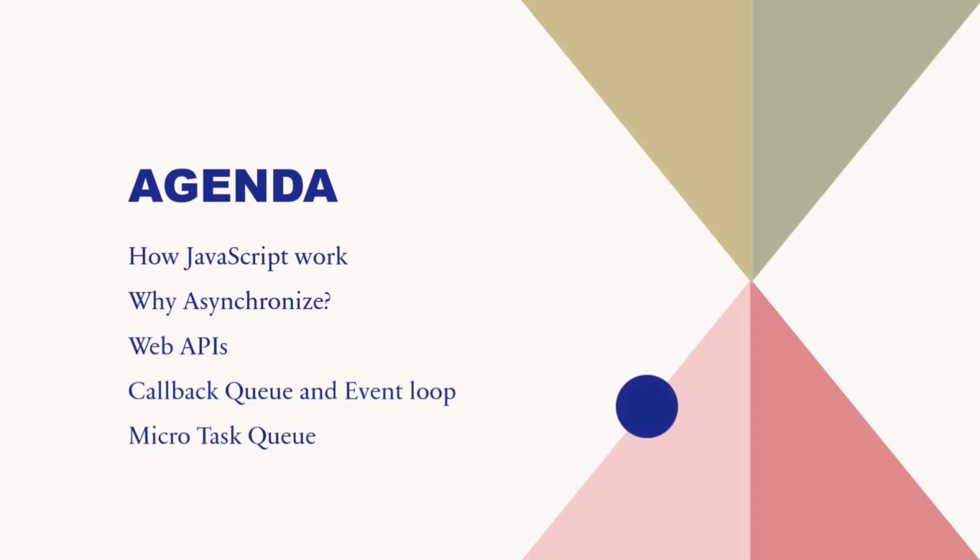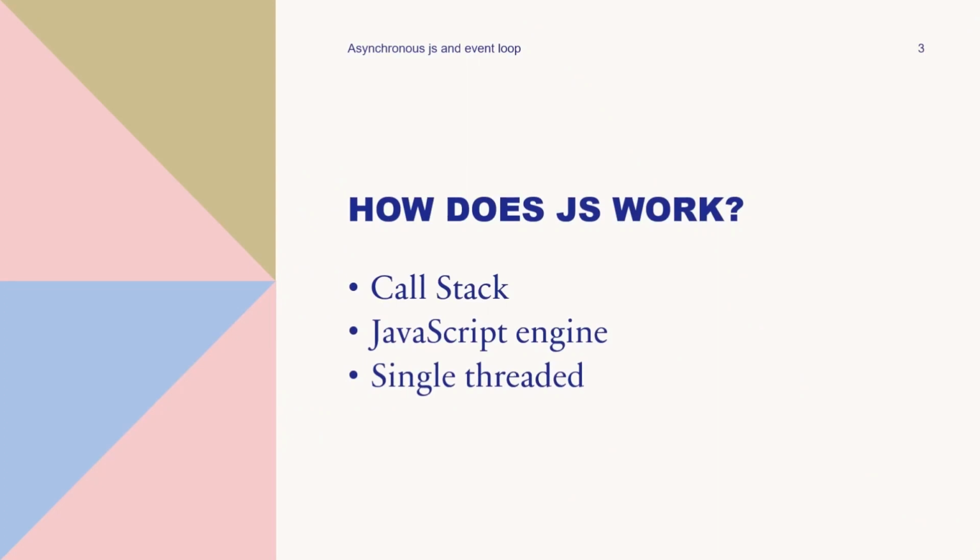What are the APIs we are using for this particular event loop session? What is the callback queue and the event loop? And after this, we will talk about what the microtask queue is. So now we go to the next slide.